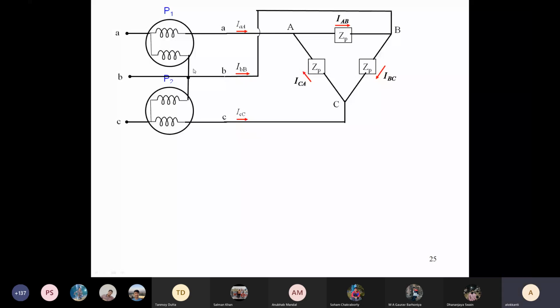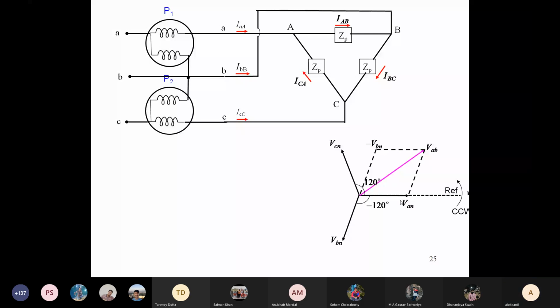So let us construct the phasor diagram. All of you know the phasor diagram of this. VAN is along the reference, then VAB, VBC, and these are the line quantities. This line quantity is VAB.